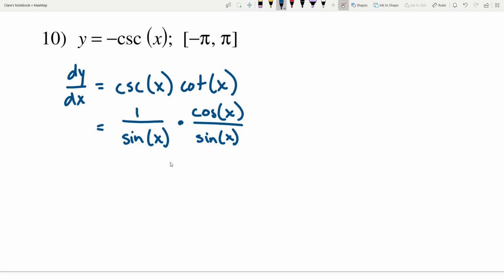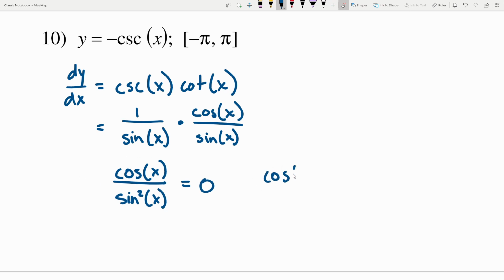So when I simplify this down, I'll get that my derivative is equal to cosine of x all over the sine of x, that entire quantity squared. But remember, we're trying to figure out when the slope is 0, which is when our derivative is 0. So if our derivative is the cosine of x over the sine squared of x, we care about when that equals 0. So when does our numerator equal 0?